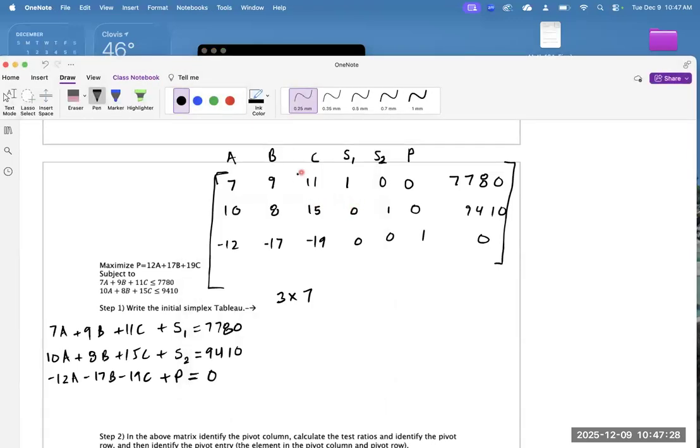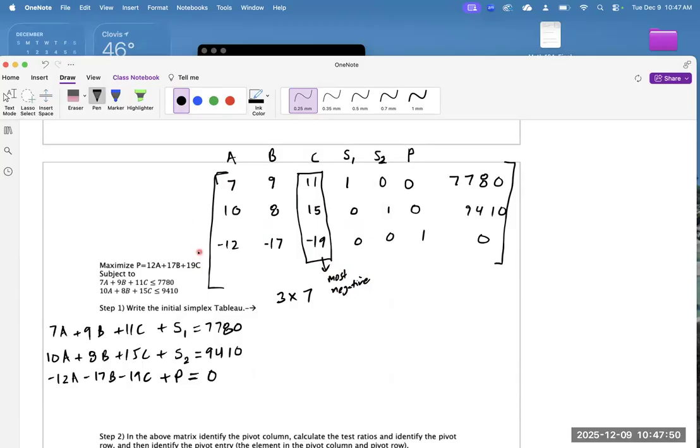So I'll write it over here. This is our pivot column because the 19 was the most negative. Then now we have to decide whether it's row 1 or row 2 that is our pivot row.